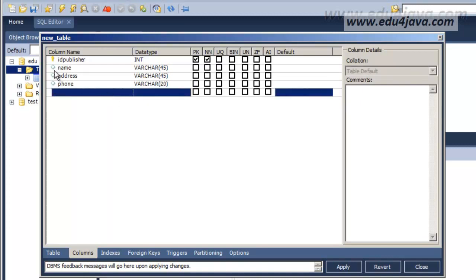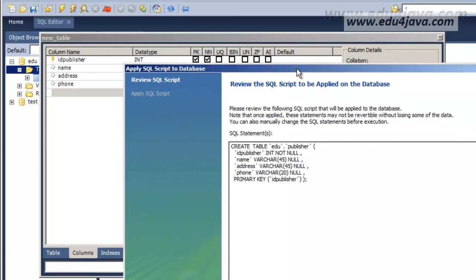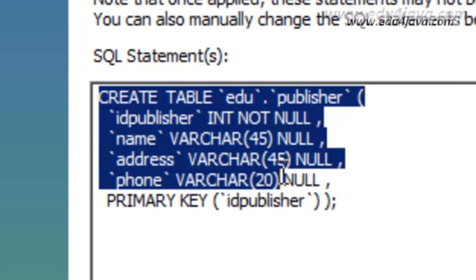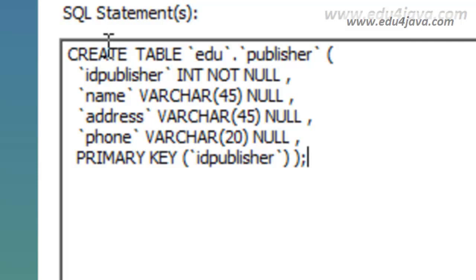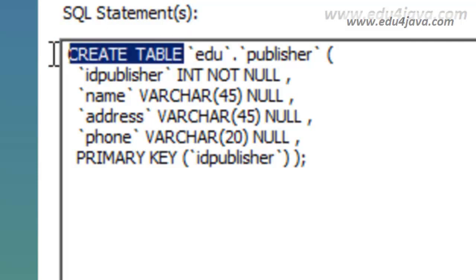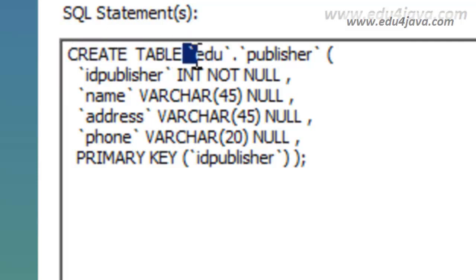Okay, it's ready. We're going to apply, and here we're going to see the sentence which was generated. Let's look at it. Create table. This is the sentence to create a table. It says edu.publisher. Edu would be the schema, and publisher the table to be created.